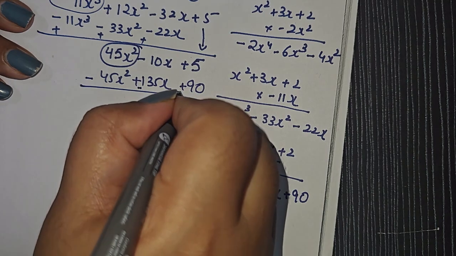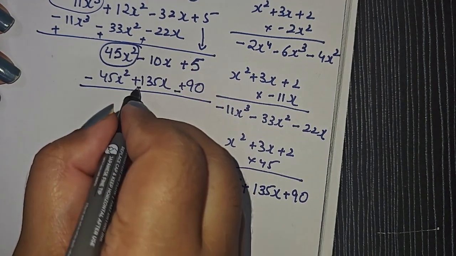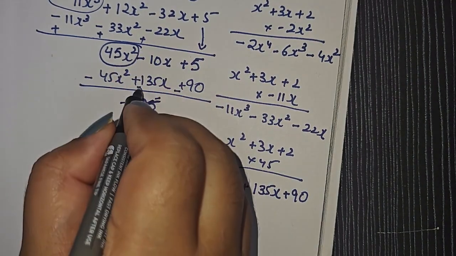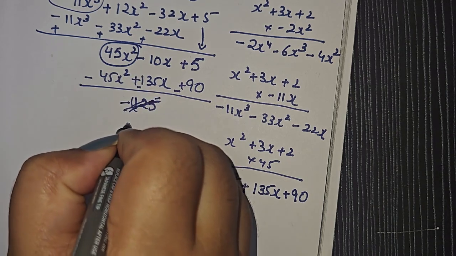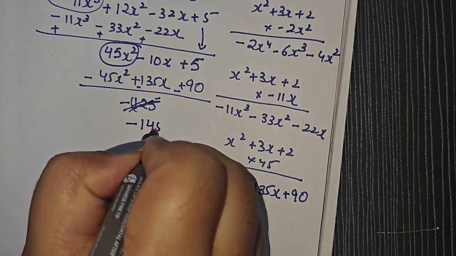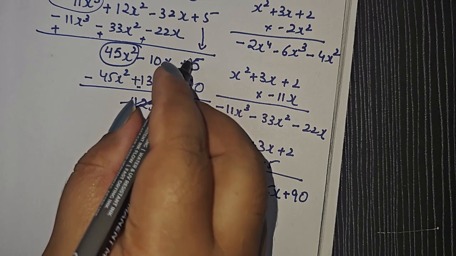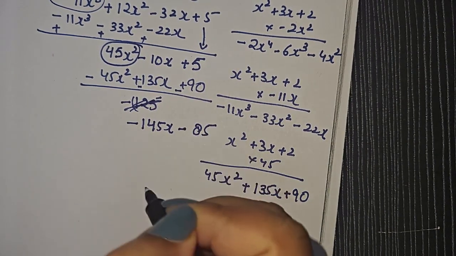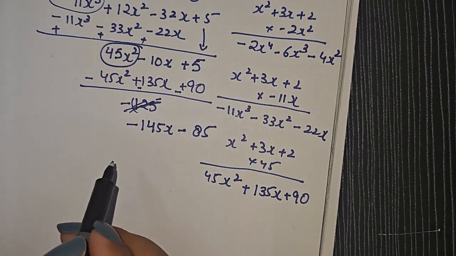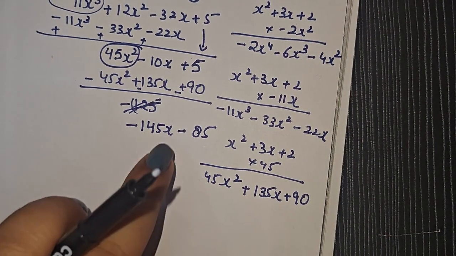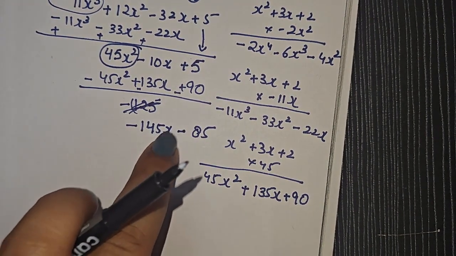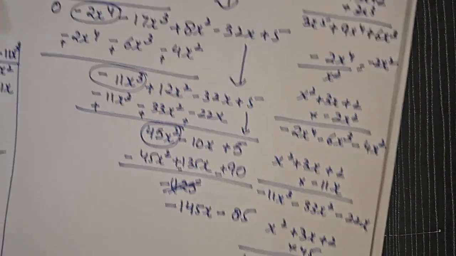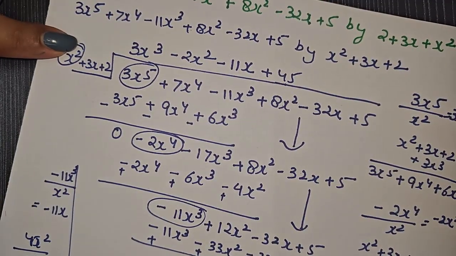Minus. This one will be gone. This is minus and minus, so it will be minus 145x. This is minus, this is plus, so this will be minus 85. Now let's see if we can further divide it. This is x, so the power is 1. Here the power is 2.